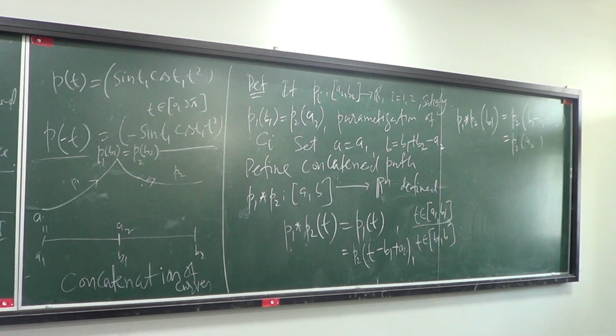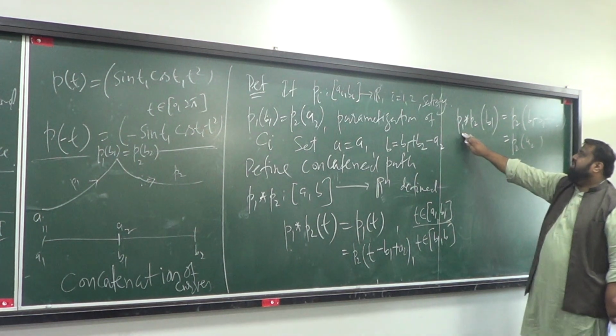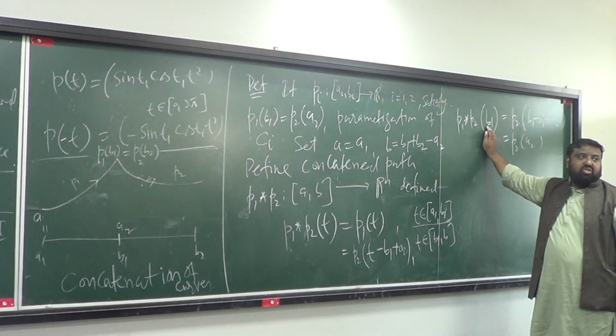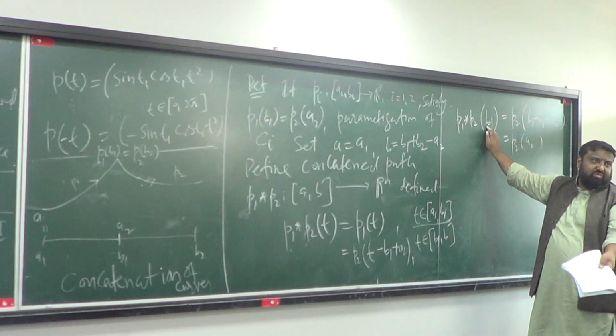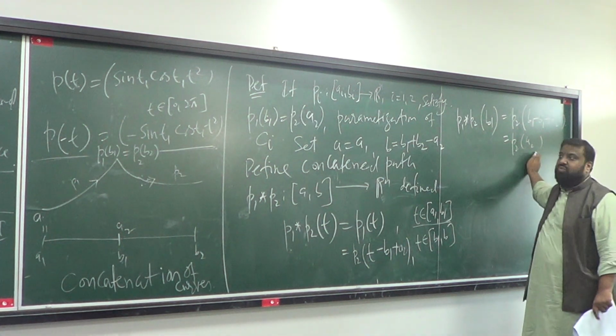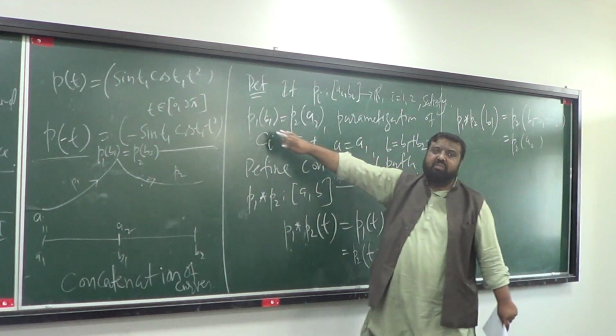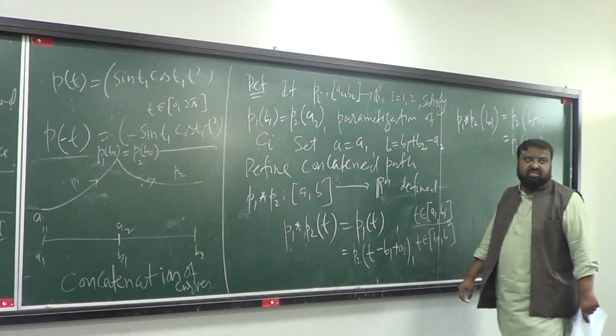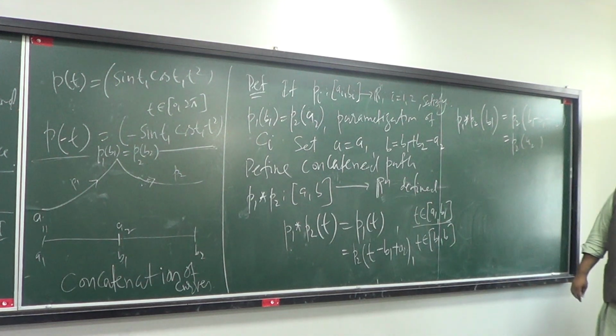That's what we wanted. P1 star P2 evaluated at B1, which is the same as A2, should give you P2 of A2, but I know that this P2 of A2 is the same as P1 of B1. There is no trouble with that. Is it making sense? A little.